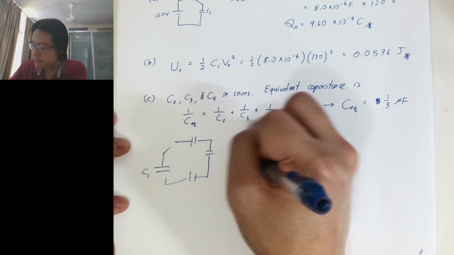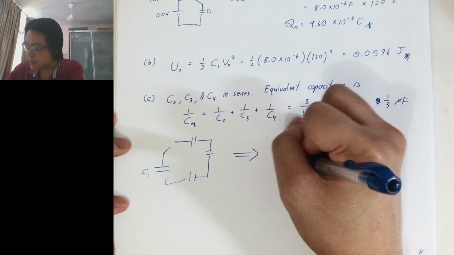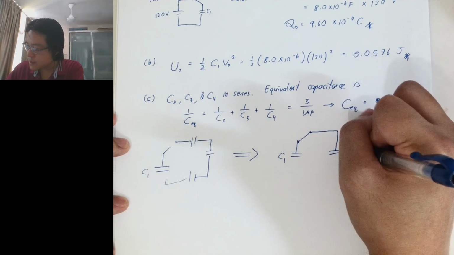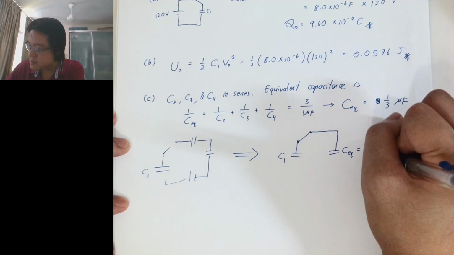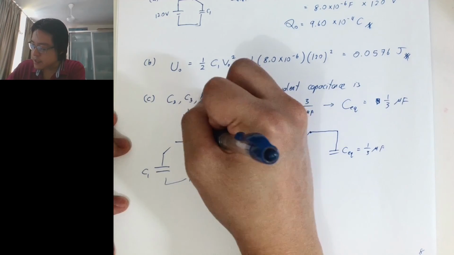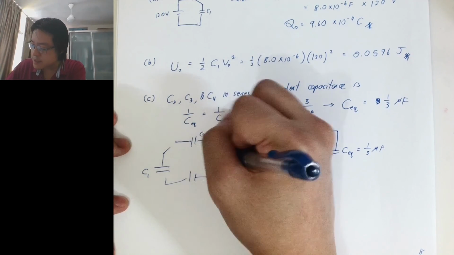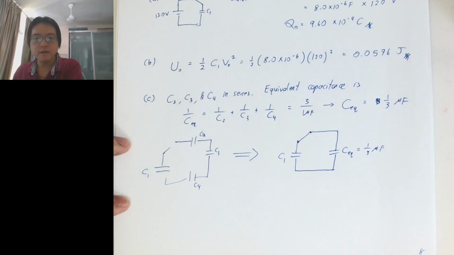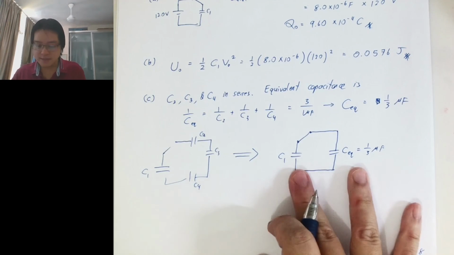This is equivalent to having one capacitor with an equivalent capacitance of 1/3 microfarad. Instead of using C2, C3, and C4, I just consider this system now.